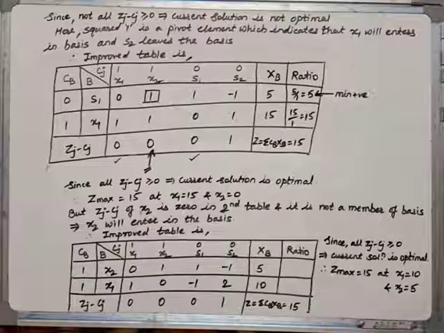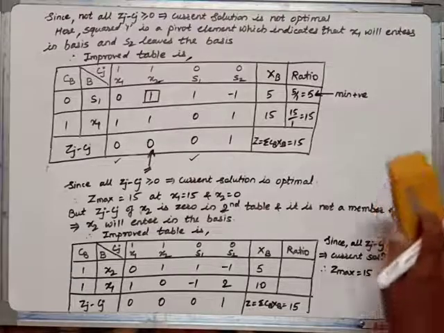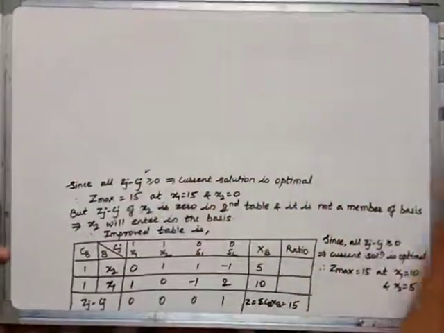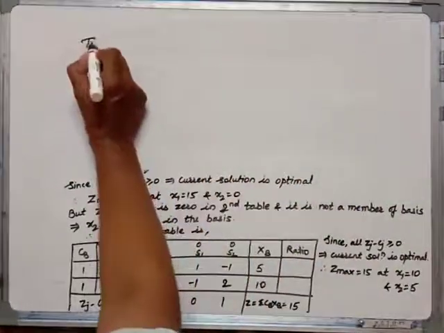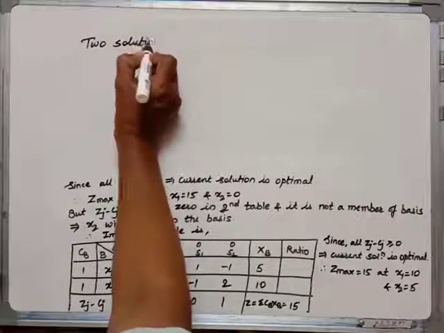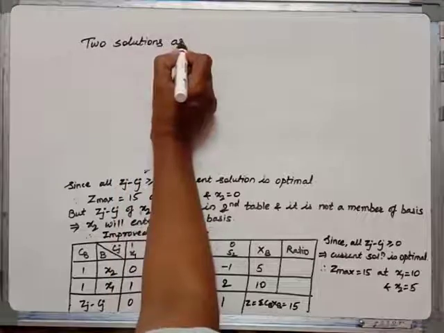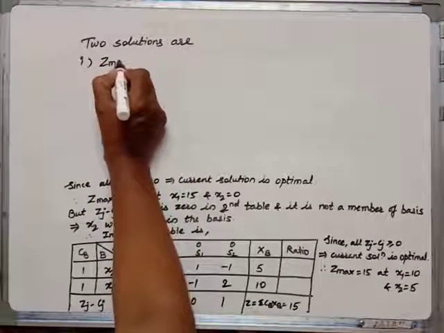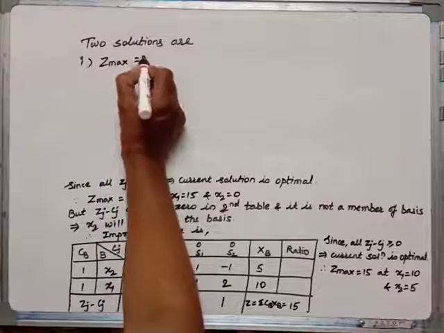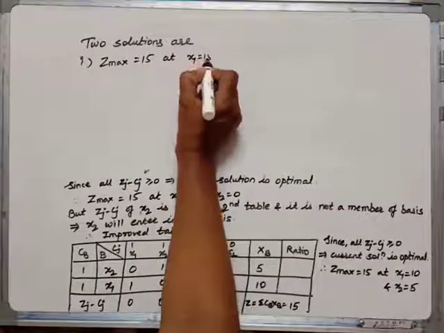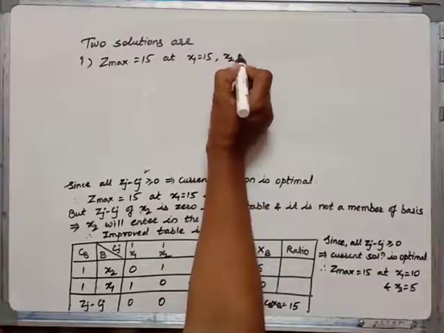So here the two solutions are, what are the two solutions? The two solutions of this problem are: the first one is Z max is equal to 15 at x1 equal to 15, x2 equal to 0.